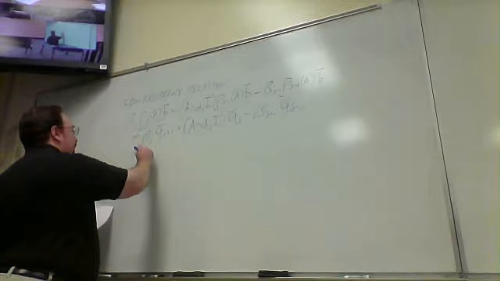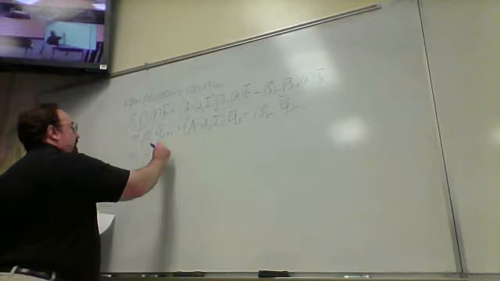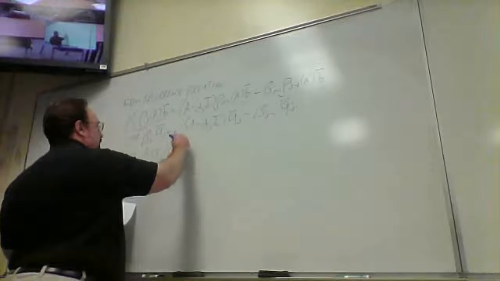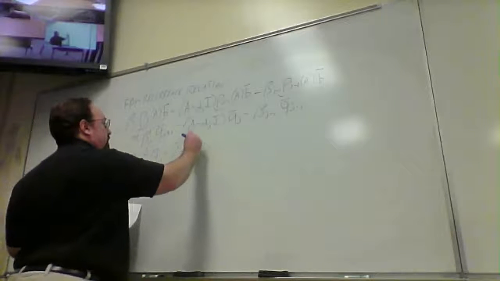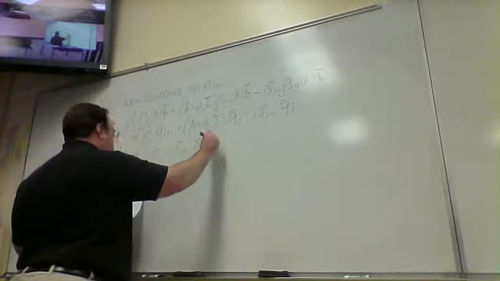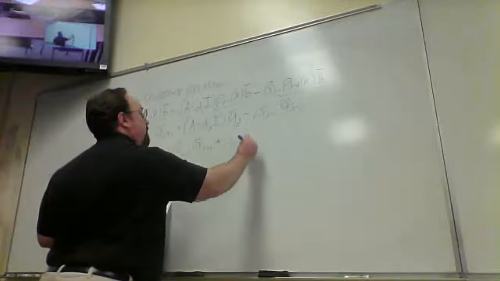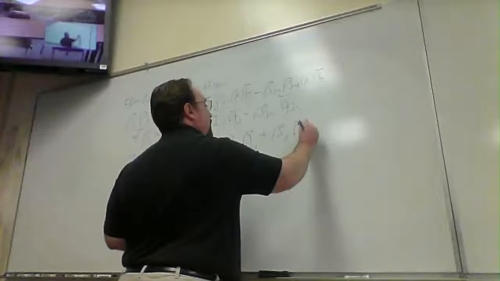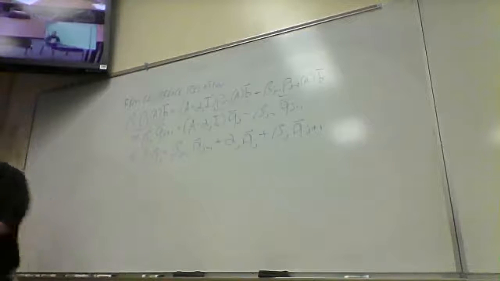So I'll put aqj on the left side, and then everything else goes on the right side. So I have beta j minus 1 qj minus 1, plus alpha j qj, plus beta j qj plus 1.